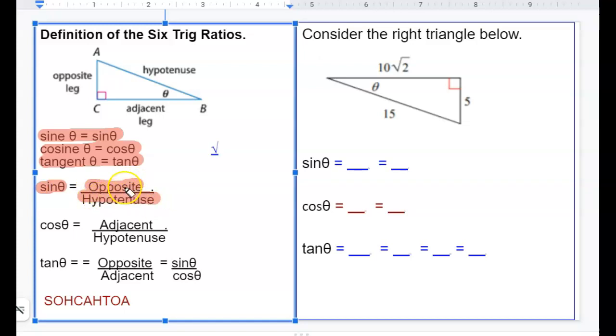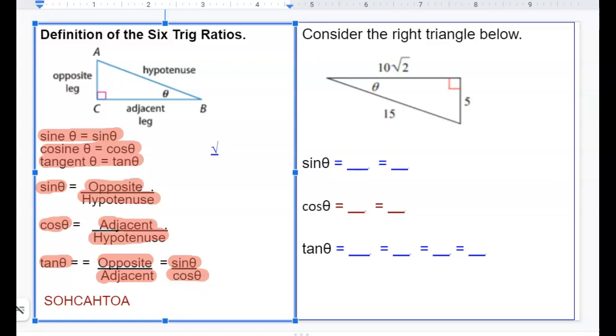So if you know the length of the opposite leg and the hypotenuse, then you know the sine of the angle. While cos theta, by definition, is the adjacent side over the hypotenuse. And by definition, tan theta is the opposite side over the hypotenuse. We can also define tan theta as sin theta over cos theta.